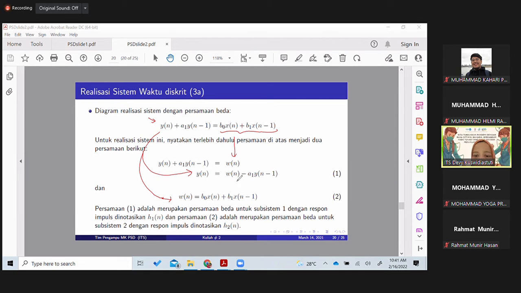Why I try to highlight this is because sometimes you become confused when you put this constant value, a1 for example, in the multiplier.